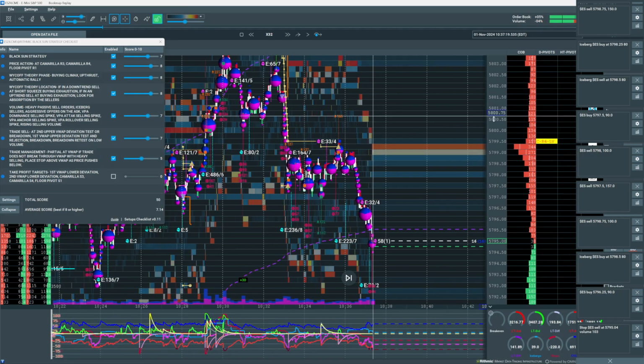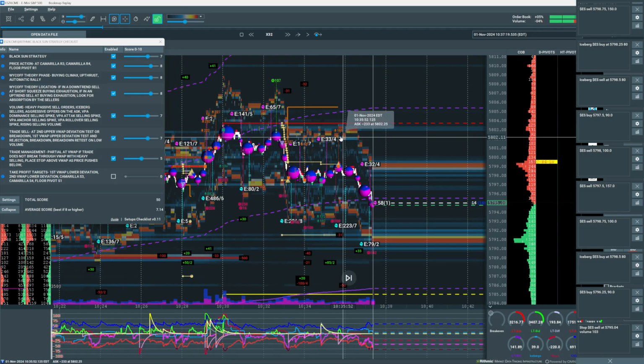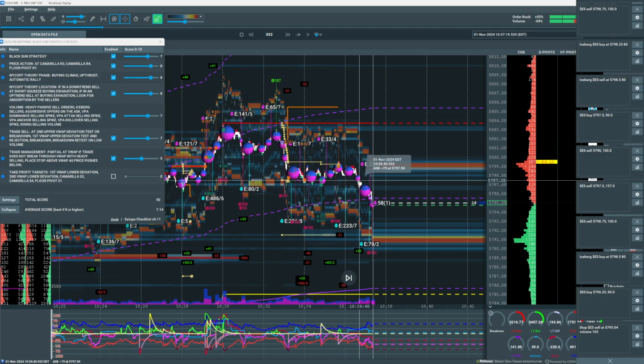Now, in this market environment, I've opted out of leaving my stops wide and looking for big plays. That's why I opted to take a 4 point partial. My original target is 10 points, but it's trailing by 12 ticks, which is about 3 points.